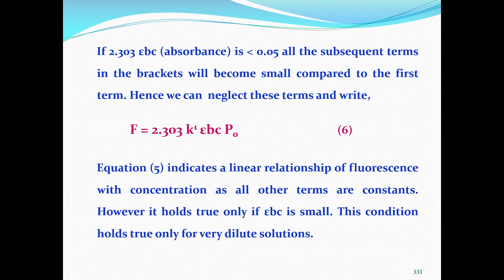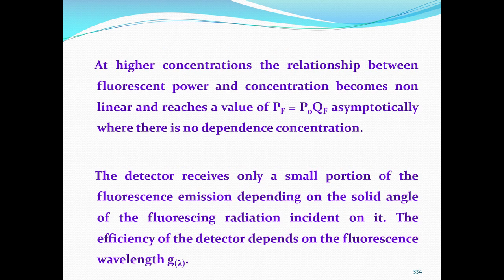Then we have derived a relation something like this, and this is how, as it asymptotically reaches as concentration becomes more, P naught will be equal to P. However, this holds true only if epsilon Bc is small, otherwise it holds true only for dilute solutions.